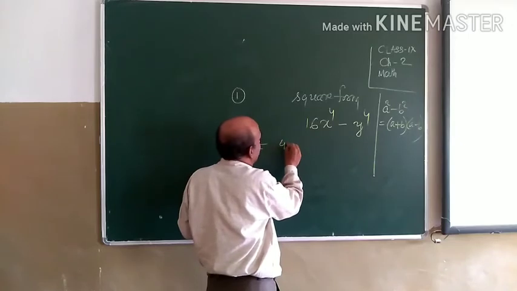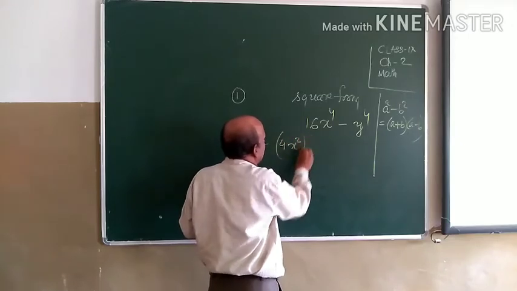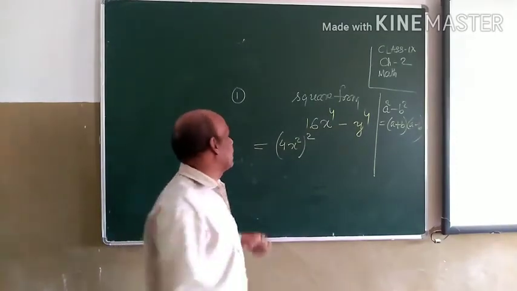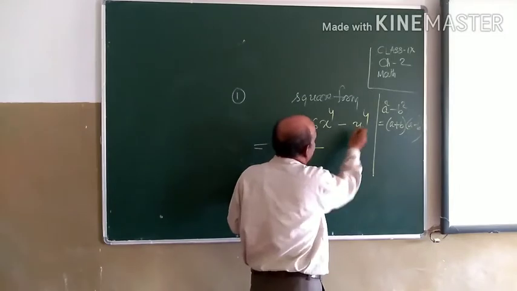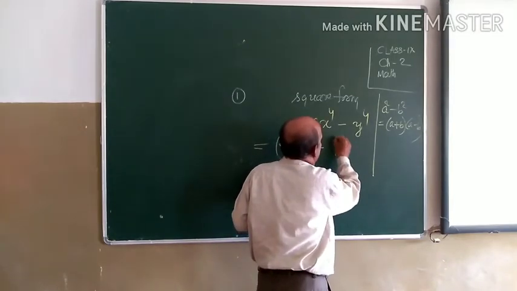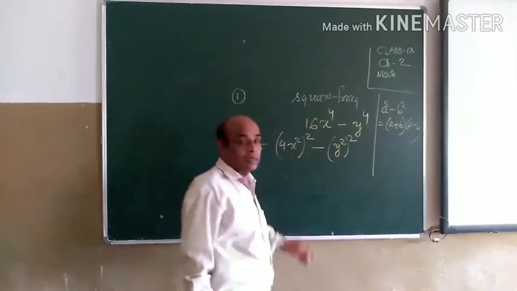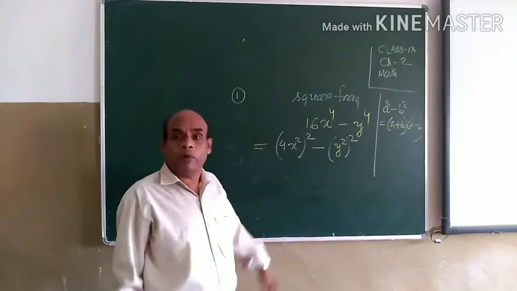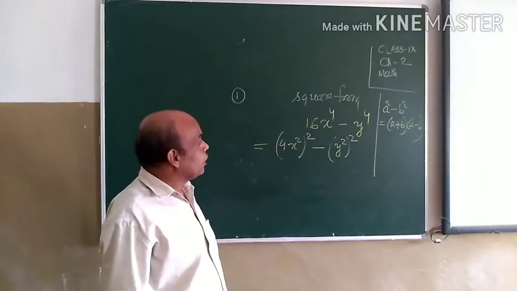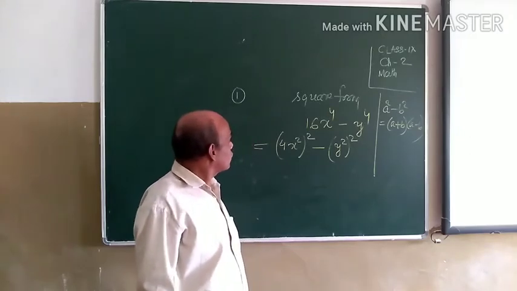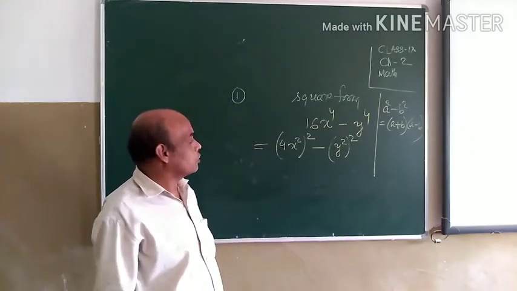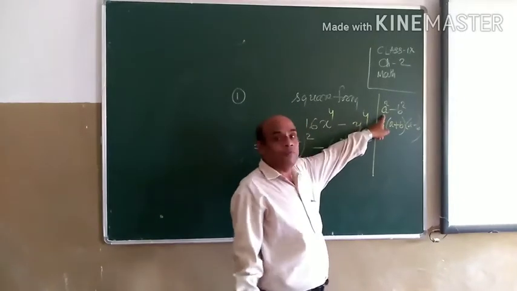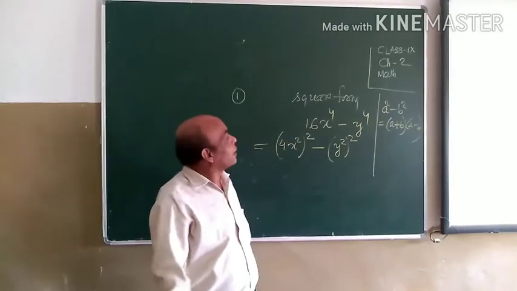Now you see, 16x to the power 4 we can write as whole square of 4x square, minus y to the power 4, which we write as whole square of y square. So this is already in the form of a square minus b square.